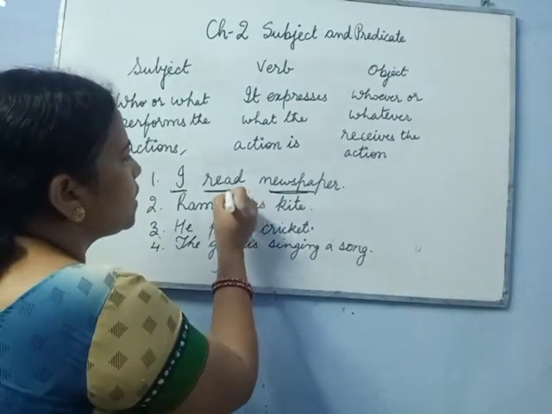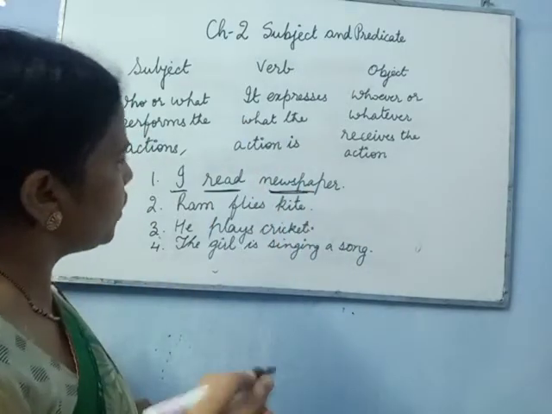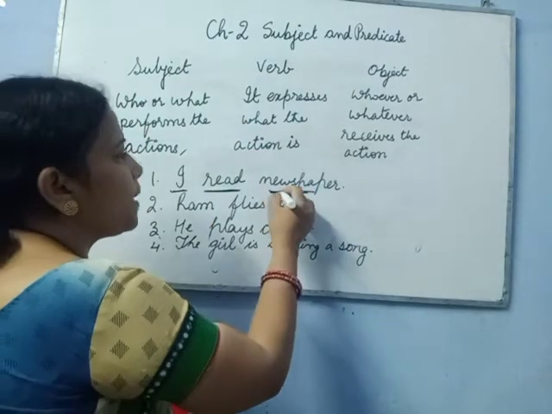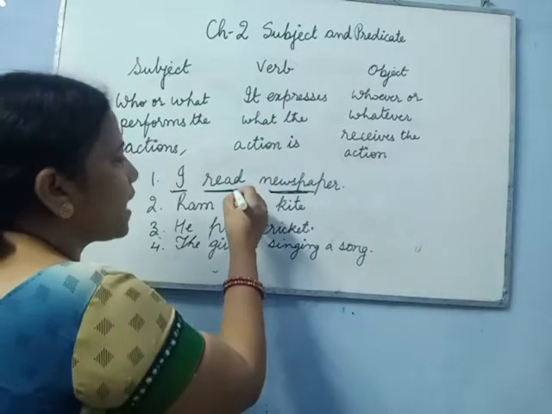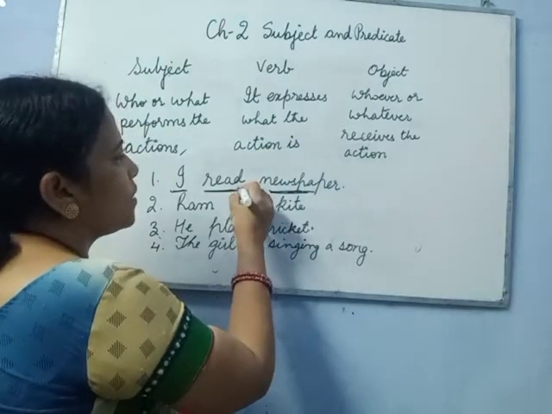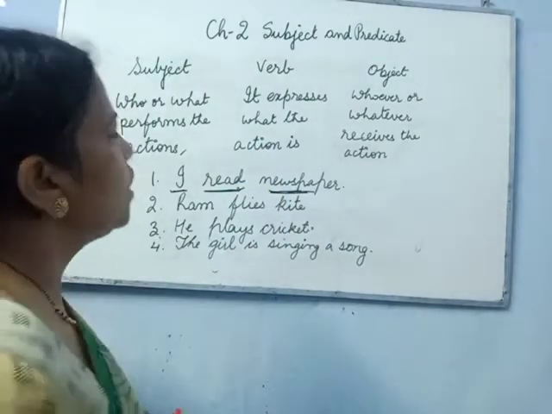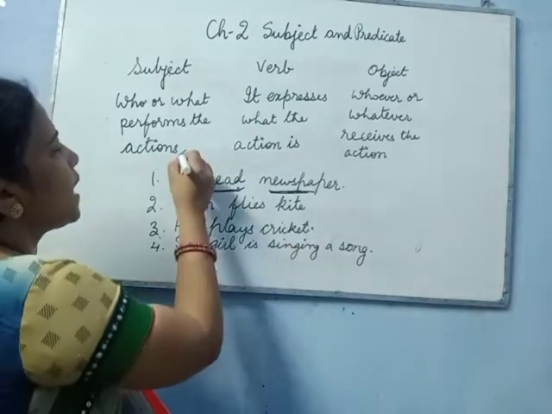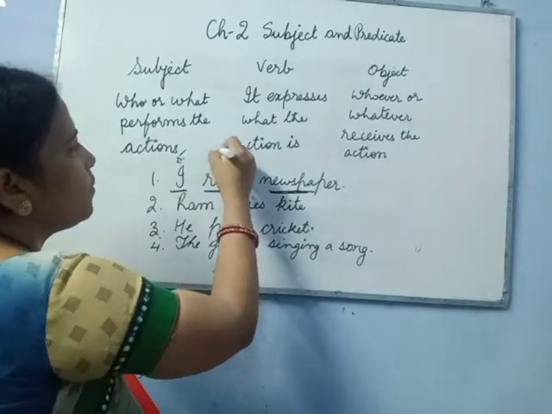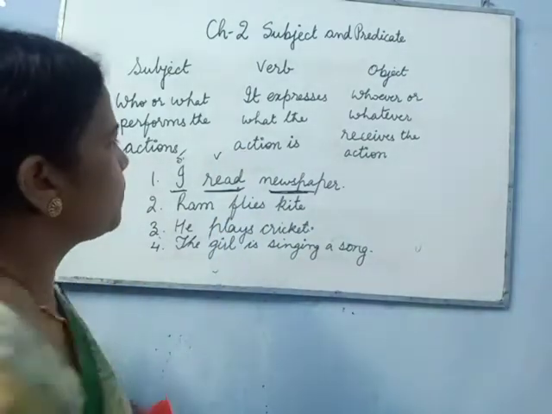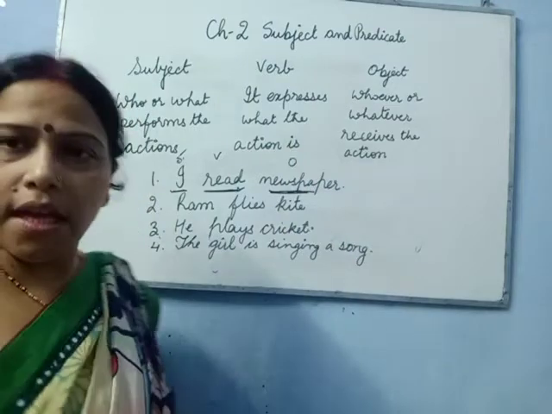Here this read newspaper. Okay, read newspaper. That means this newspaper receives my action, that is read. I am reading what? I am reading newspaper. So here I is the subject. Okay, read is the verb, and what I read? I read newspaper. That is an object.